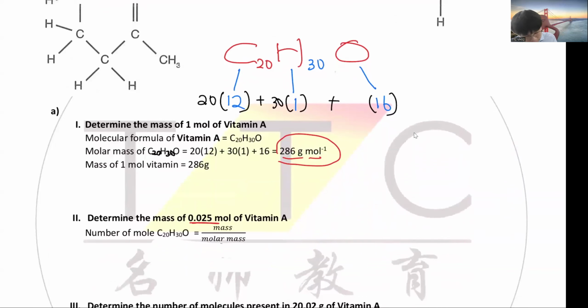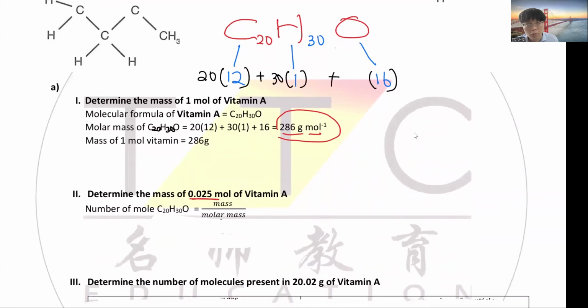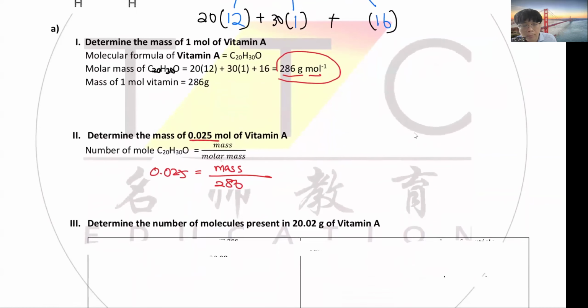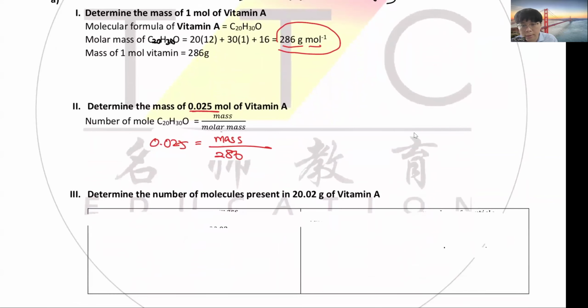You can see that for this question, you will get full marks if your formula is correct. So remember, this type of question will come up. Please calculate how many C, how many H, and how many O slowly. Okay, then you can put in the 0.025. The molar mass is 286.